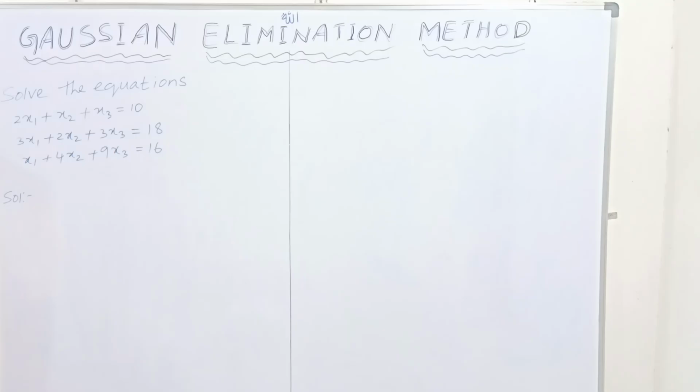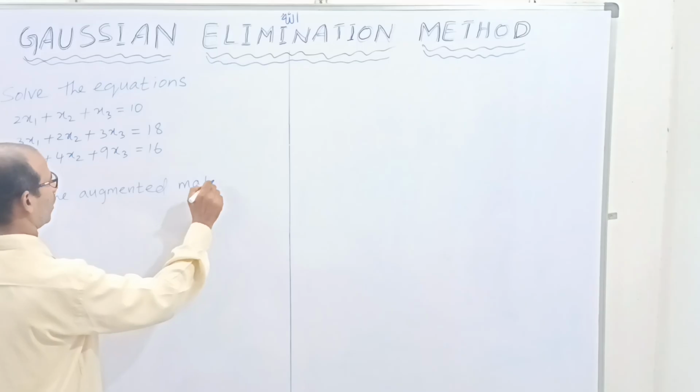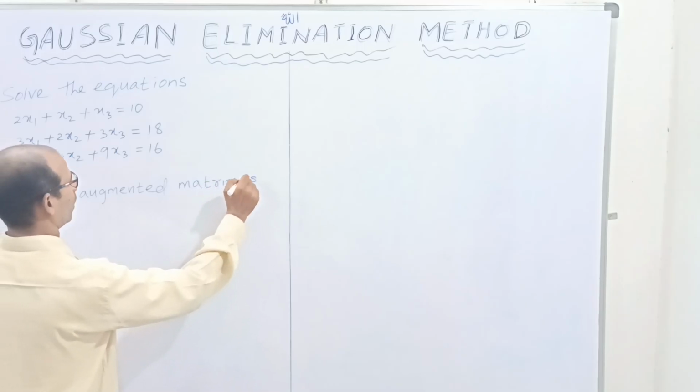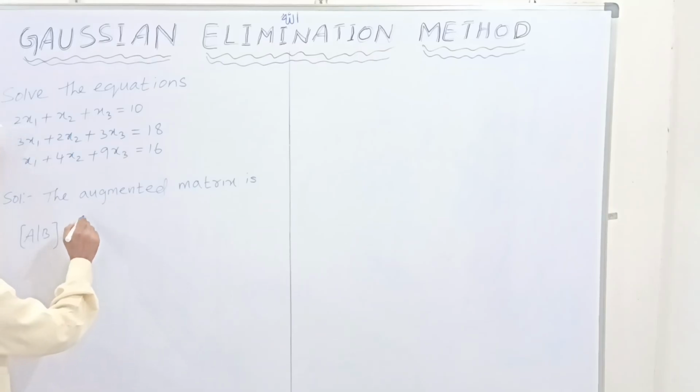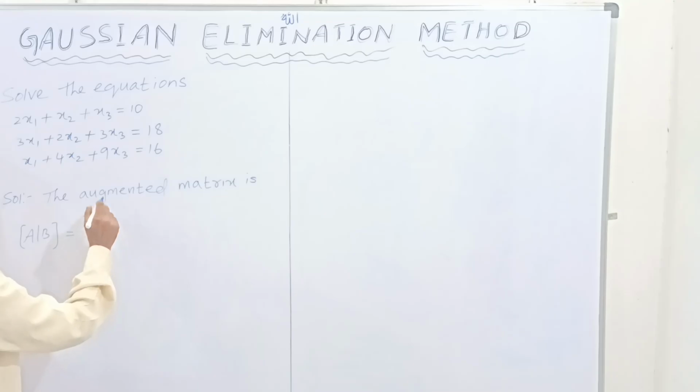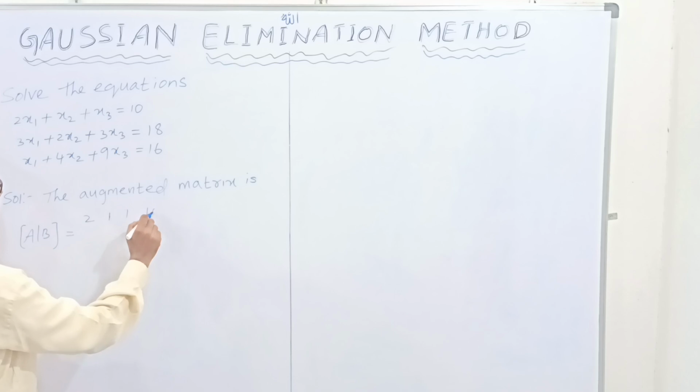So now for the given system of equations, the augmented matrix is written as: the coefficient of x1 is 2, coefficient of x2 is 1, coefficient of x3 is also 1, the constant is 10.